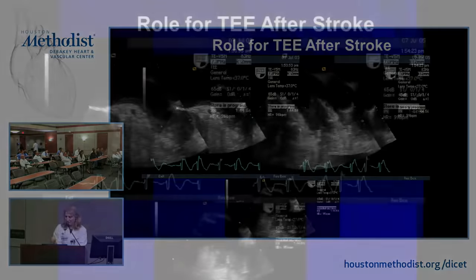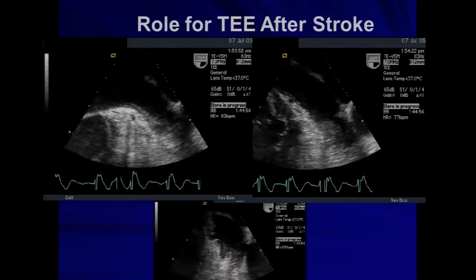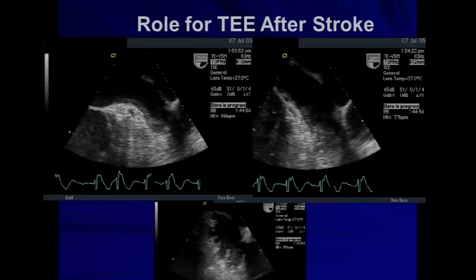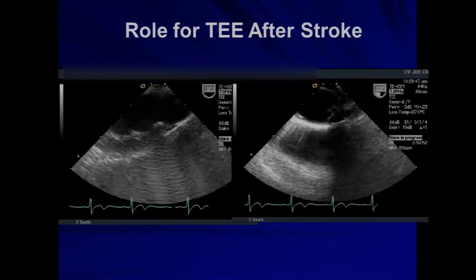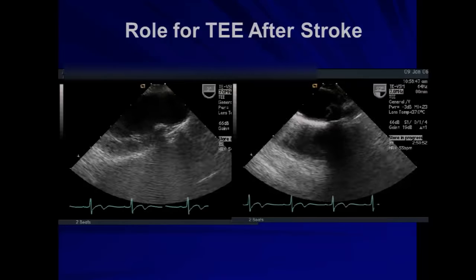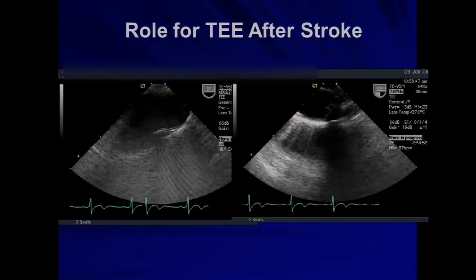This is a left atrial appendage. You can see that this is filled with thrombus, in a patient who obviously has AFib, and that was treated appropriately. On that TEE, we also found extensive atherosclerotic plaques in the ascending aorta, which were ulcerated and might have been responsible for that stroke.